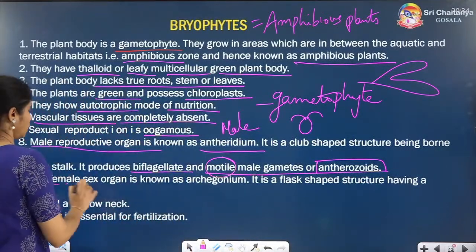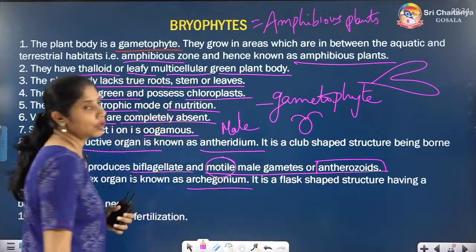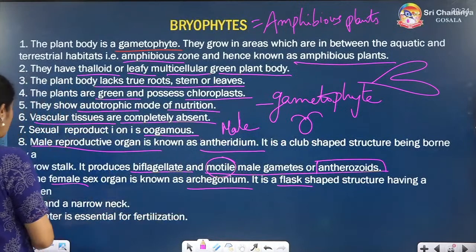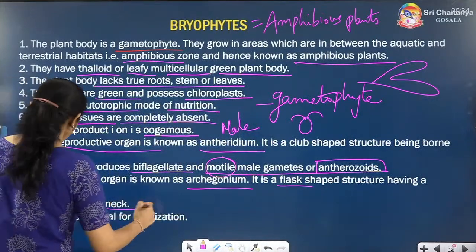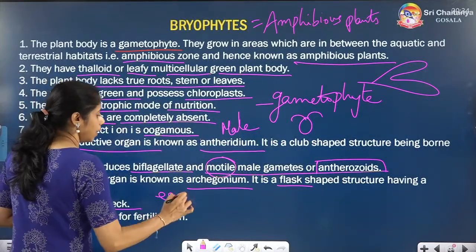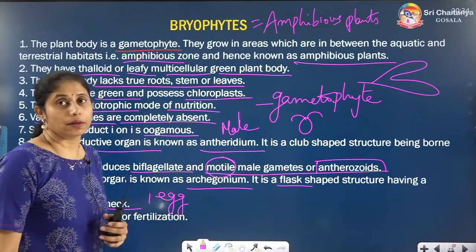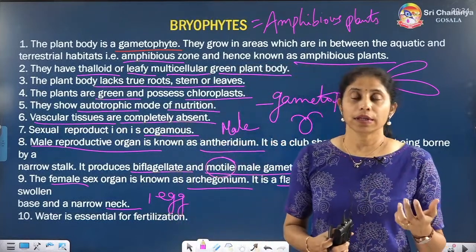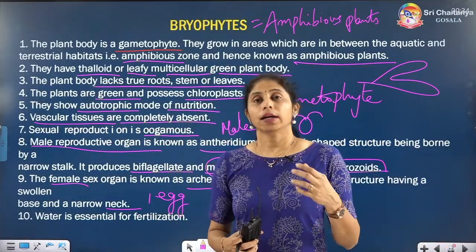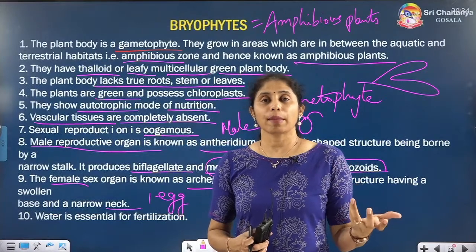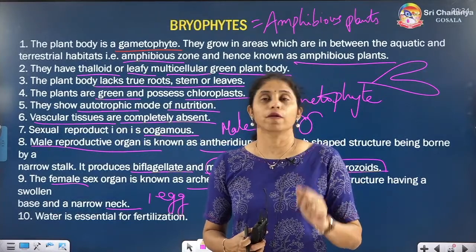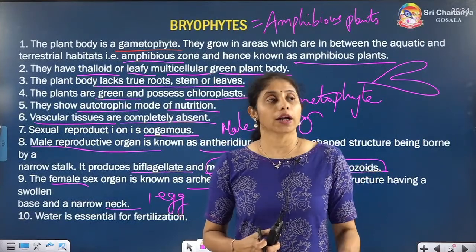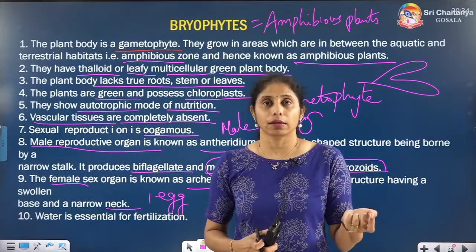Then the female sex organ is known as archegonium. As I said, it is a flask-shaped structure with a swollen base, a neck, and it contains an egg inside. One egg is present. The female gamete is present inside. So antheridium is a male reproductive organ and it contains the male gametes called antherozoids, which contain two flagella. Archegonium is the female reproductive organ and it will have a non-motile egg.